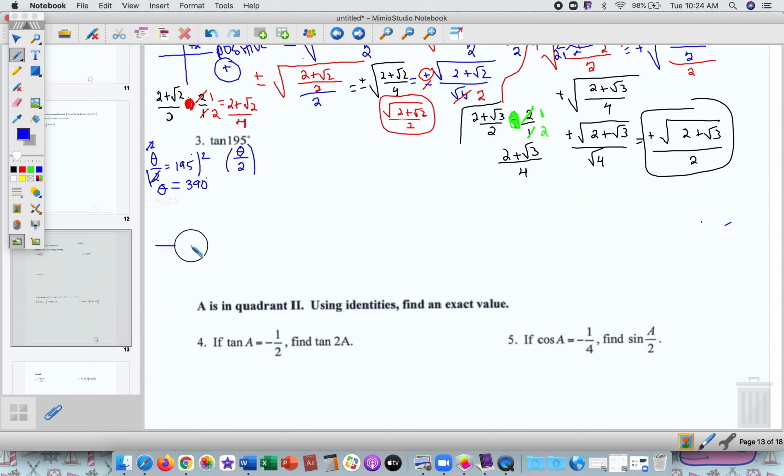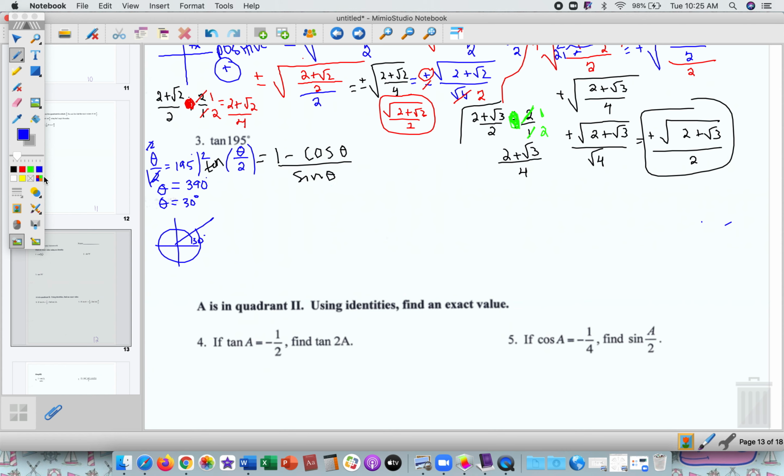Now 390 degrees is just one spin, 360 plus 30 more. So we're going to use theta of 30 degrees. So we're going to replace theta with 30, because 390 degrees is the same spot as 30 degrees. So we know tan of theta over 2 we can rewrite as 1 minus the cosine of theta all over sine of theta.